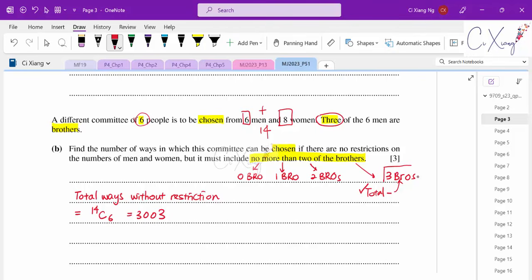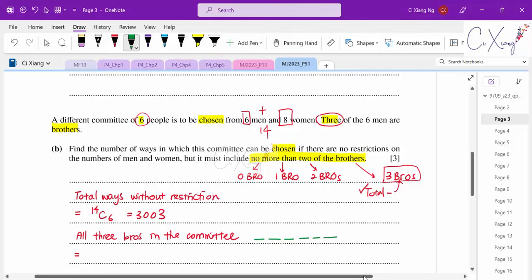Now I want to consider all the 3 brothers in the committee. So now we have to consider the cases. We want to form a committee with 6 members, and the 3 brothers are already in the committee. Therefore, I only have 3 empty spaces left to form the committee.